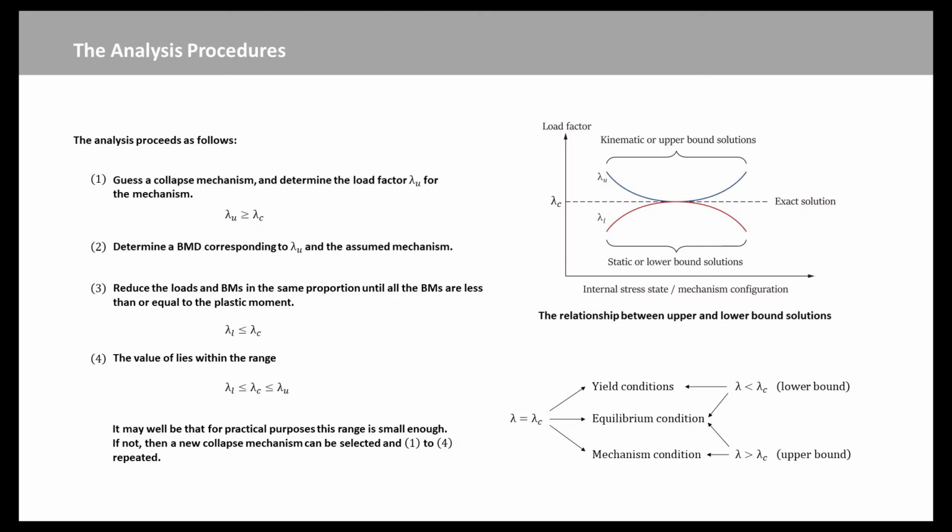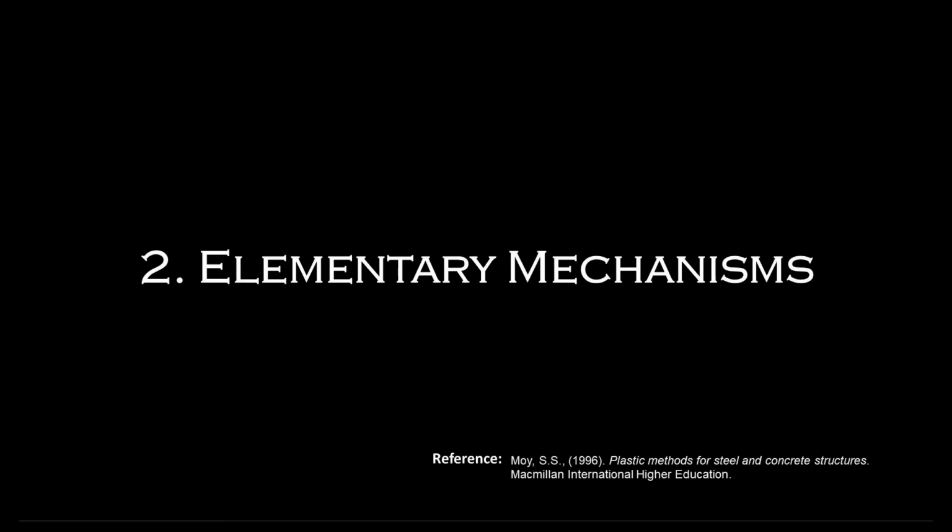It may well be that for practical purposes, this range is small enough. If not, then a new collapse mechanism can be selected and steps 1 to 4 repeated. This trial and error approach to home in on the collapse mechanism is called limit analysis.